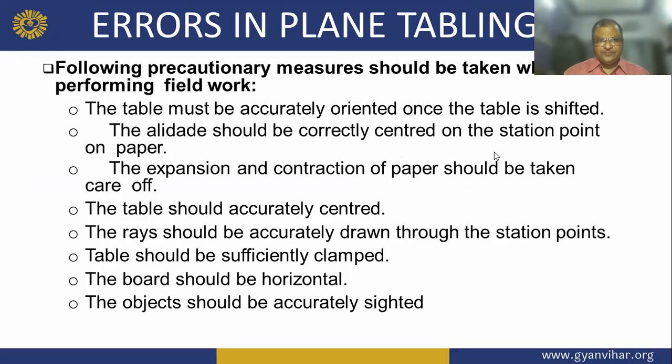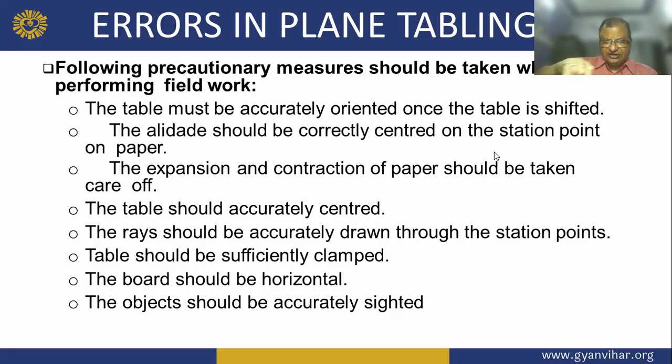The following precautionary measures should be taken while performing field work. The table must be accurately oriented once the table is shifted. The alidade should be correctly centered on the station point on paper.